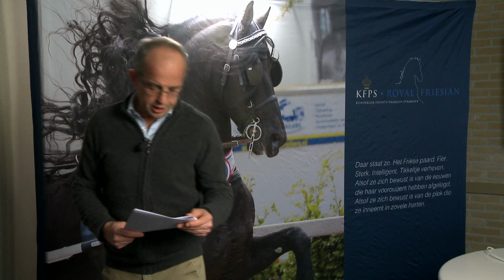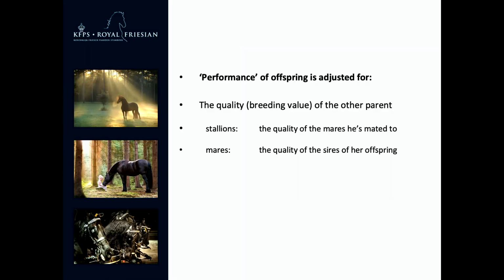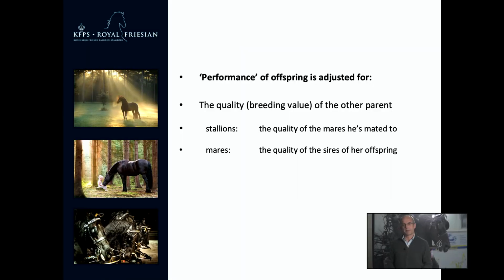And the third is that we also adjust for the other parent of an offspring. You could imagine that the offspring of a mare are better if they are sired by a good stallion compared to a poor stallion. So we try to figure out what the credits are of a mare, and we adjust the quality of the offspring by the quality of the sire. And that's if we calculate breeding values for mares, and for stallions the other way around.